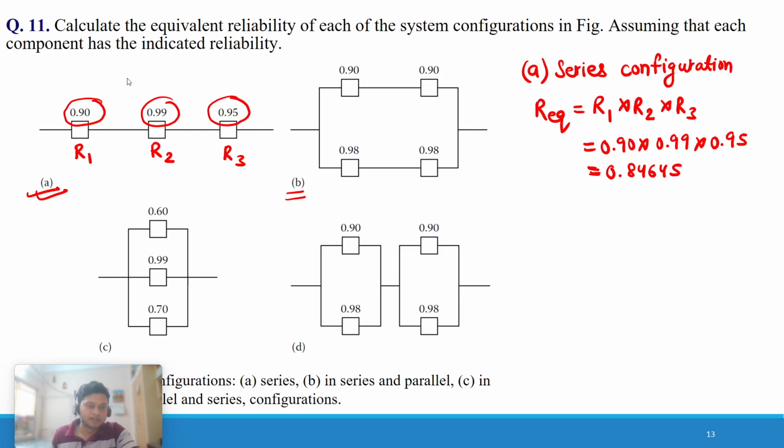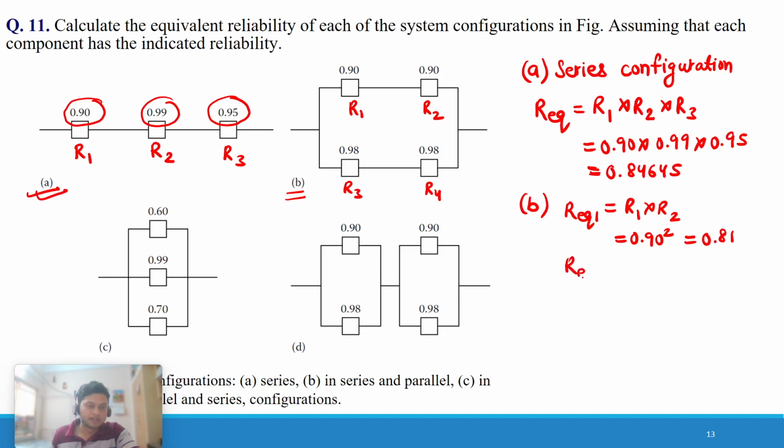For 11B, how will we approach? First, we will find the series parts. Suppose in this B problem we have taken these as R1, R2, R3, R4. First we find R equivalent 1, which is R1 into R2, 0.9 square, so it will give you 0.81.